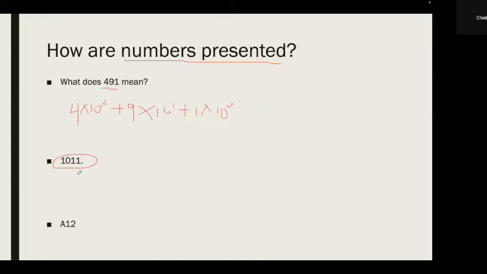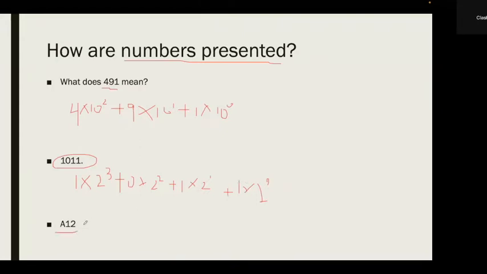Essentially, what it means is 1 times 2 to the power of 3, plus 0 times 2 to the power of 2, plus 1 times 2 to the power of 1, plus 1 times 2 to the power of 0. This is what this number means.